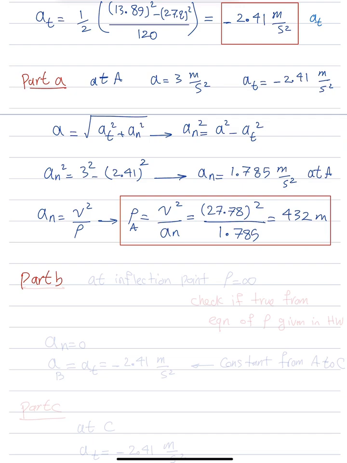At that point, there is no curvature, right? That's the point where curvature goes from some sign, negative or positive, to 0 and then to the other sign. So at that point it's 0. If you remember, we mentioned in class that for a flat surface like an inflection point, rho is infinite.